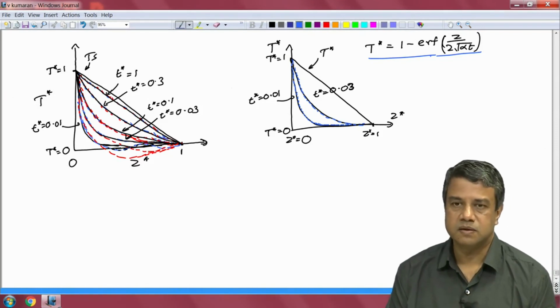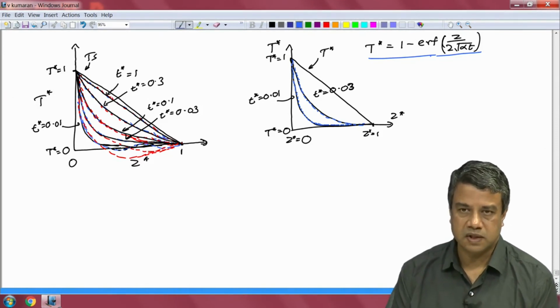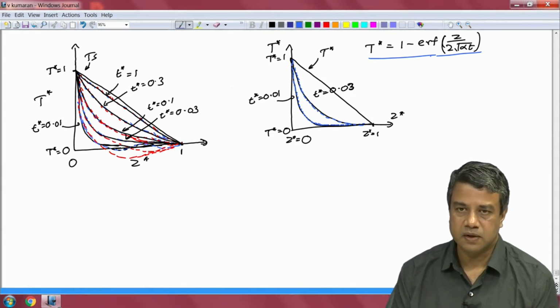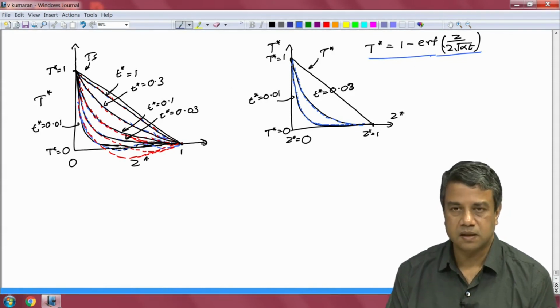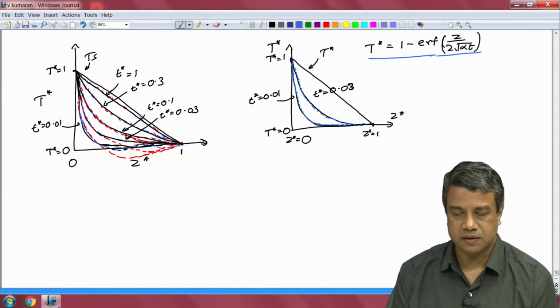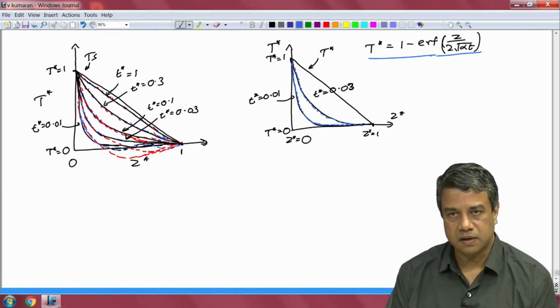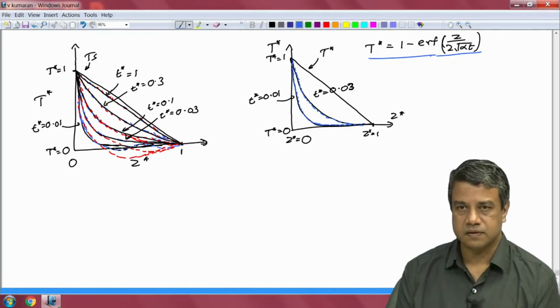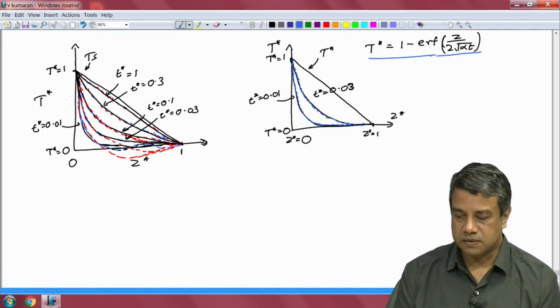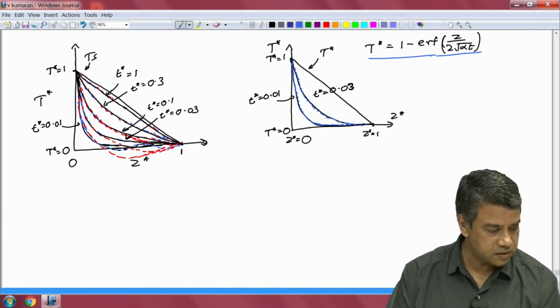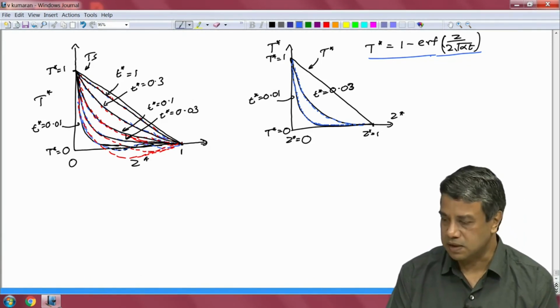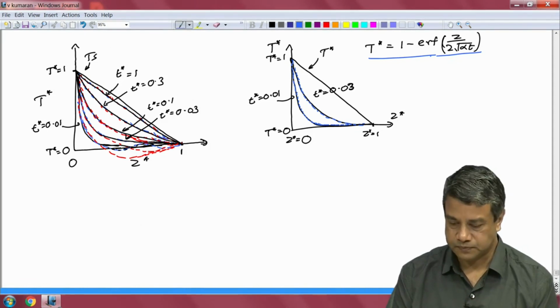At later times you can use a few terms in the series 1, 3, etc., and beyond about t star is equal to 1, even a one term approximation gives you accurate results. Beyond about t star is equal to 0.03, even a 3 term gives you accurate results. At t star is equal to 0.01 and 0.03, you could easily use the similarity solution for conduction into an infinite medium.